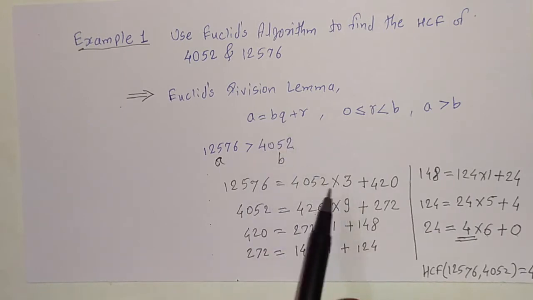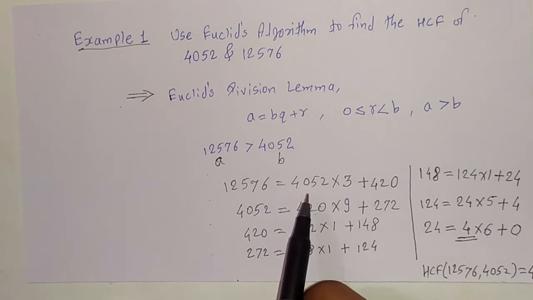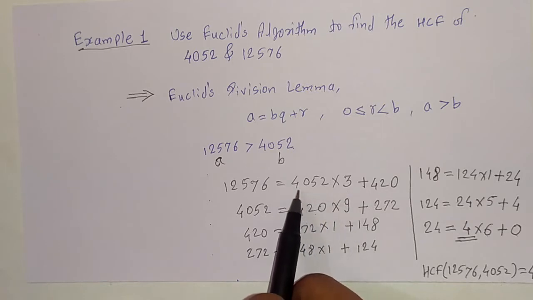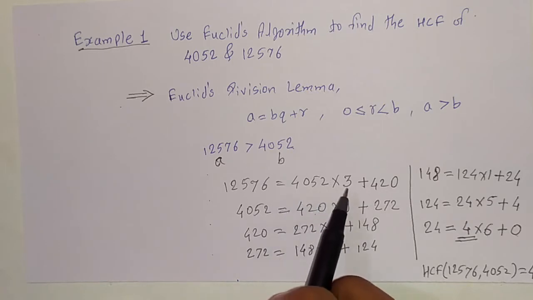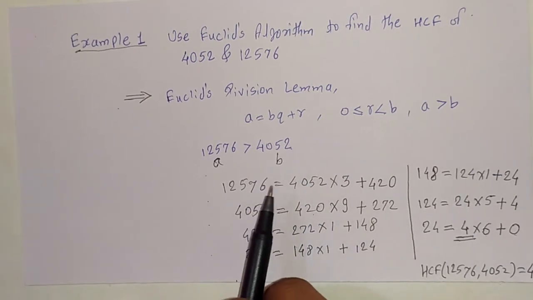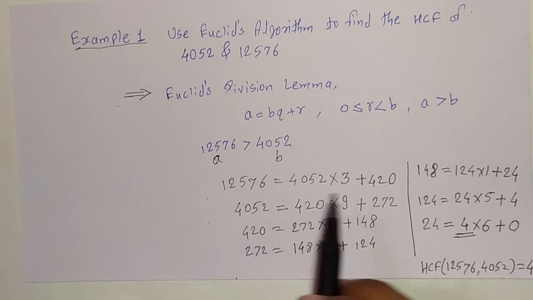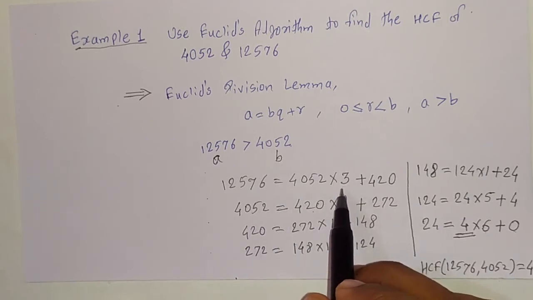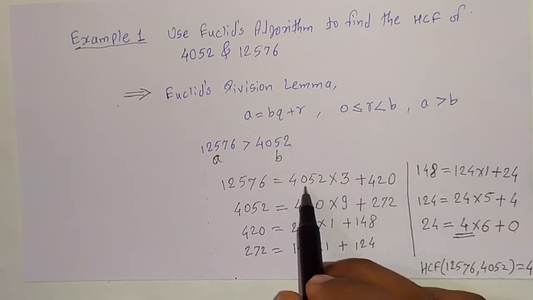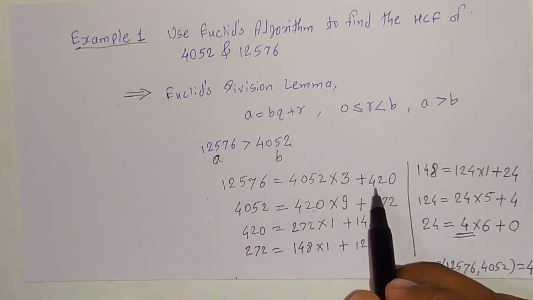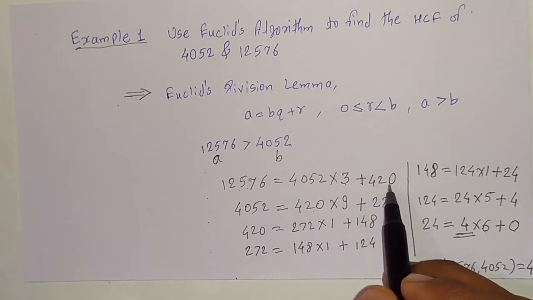What will be the quotient? You have to decide the quotient by trial and error method. If you multiply 4,000 with 3, you will approximately get 12,000. So in that way you have to decide the quotient. So in this case quotient will be 3. So if you multiply this and subtract from 12,576, you will get remainder as 420.